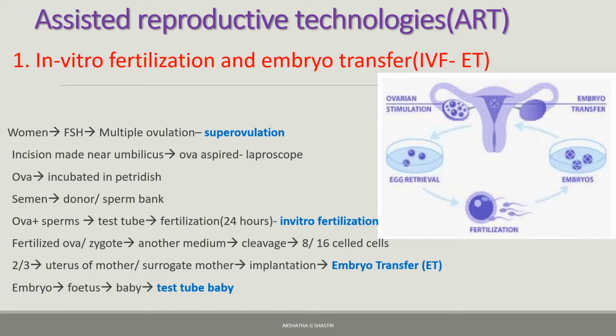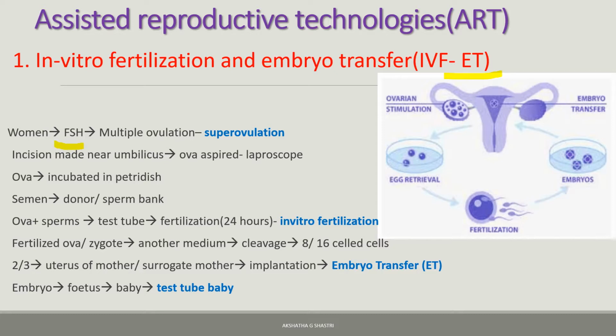The first is in vitro fertilization and embryo transfer, commonly known as IVF-ET technology. Let me explain step by step what they do in IVF. The first step is that the woman is treated with FSH hormone.